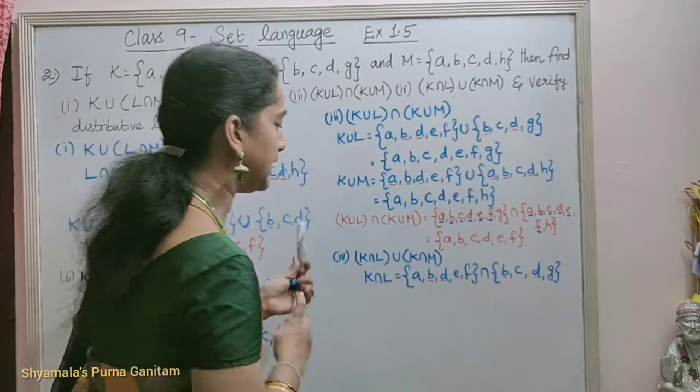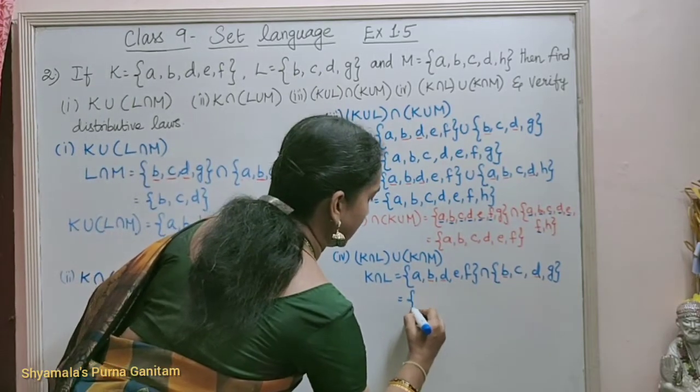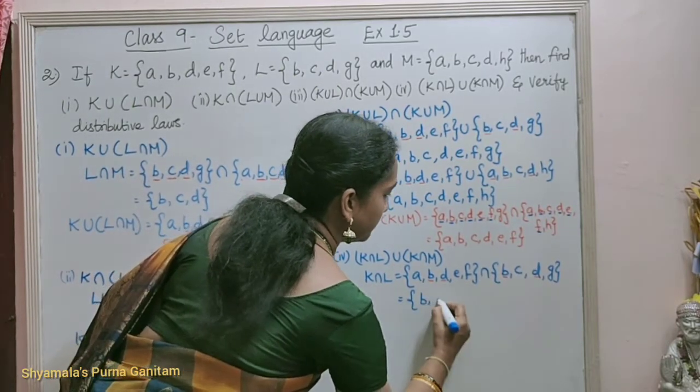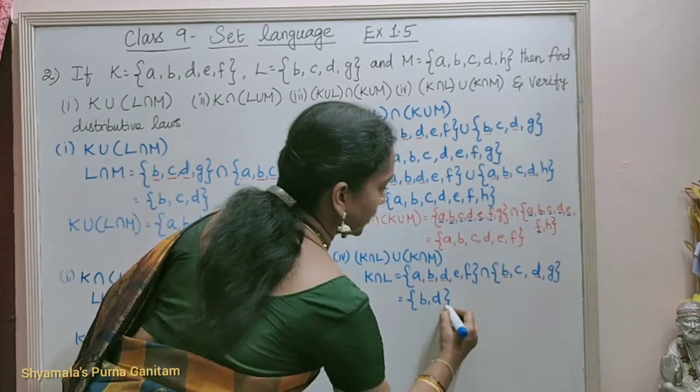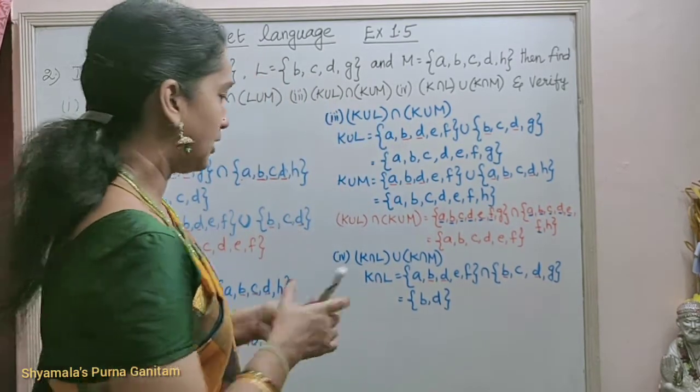So only B and D. That is K intersection L is B, D. Okay.